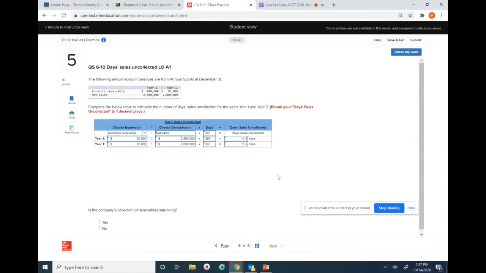So once you compute the ratio, the next question is, is the company's collection of receivables improving? And my answer would be yes, because we went from 15.5 days to 14.5 days. The company has decreased the collection time of receivables by a whole day.